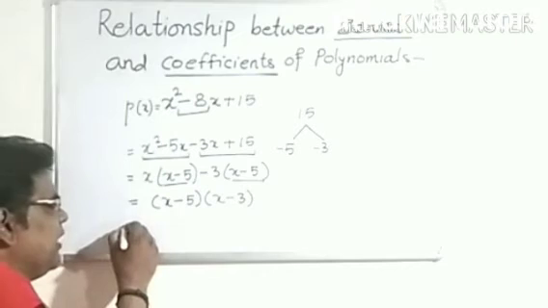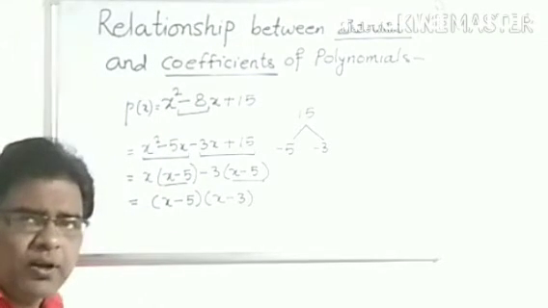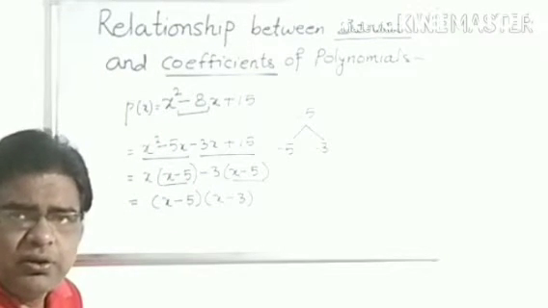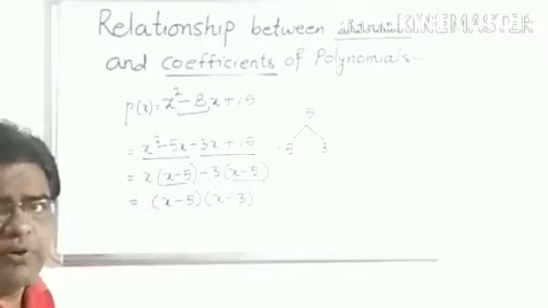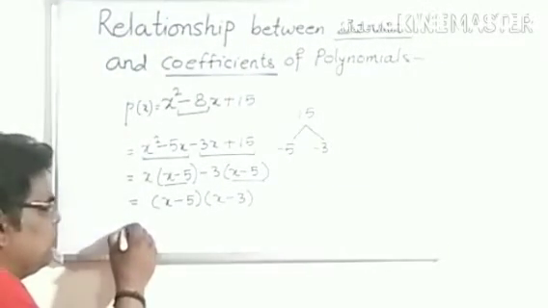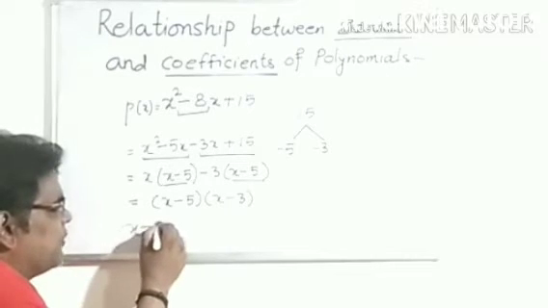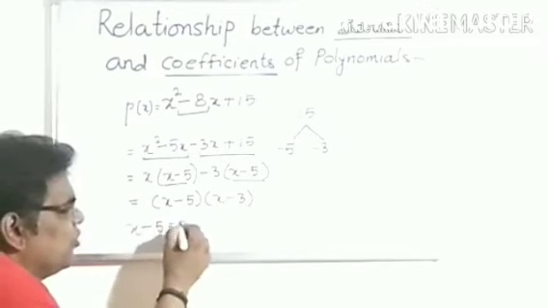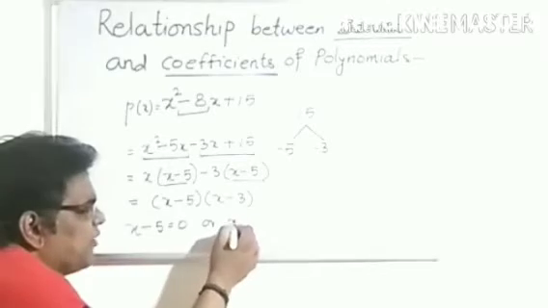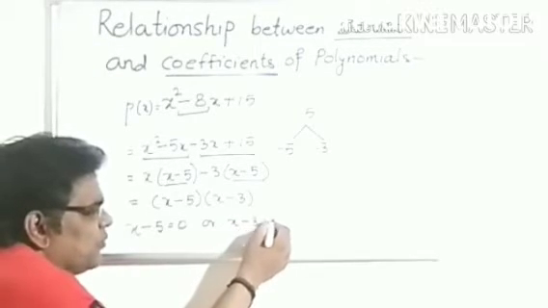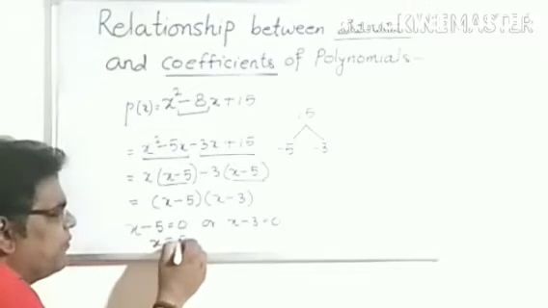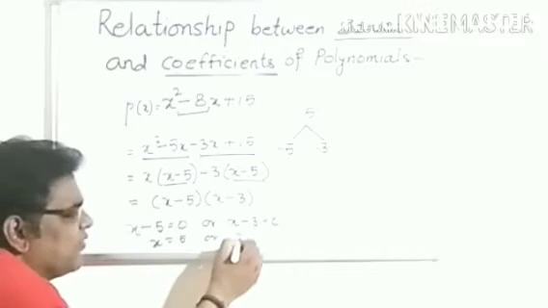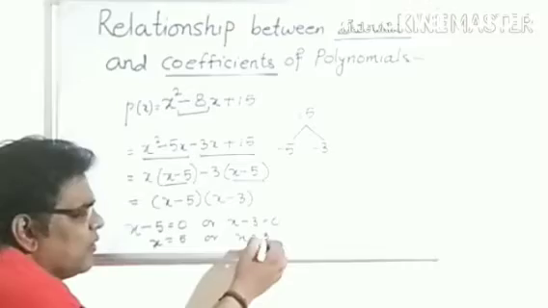Now, if I wish to find the zeros of the polynomial, I will equate this to 0: x minus 5 equals 0, or x minus 3 equals 0. So from here I will get x equals 5 or x equals 3.